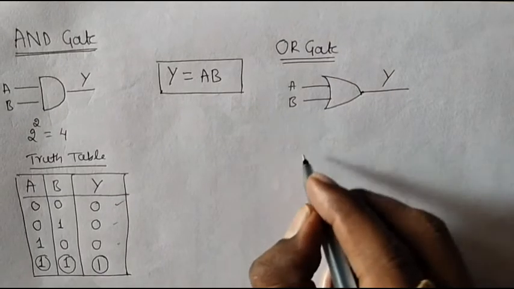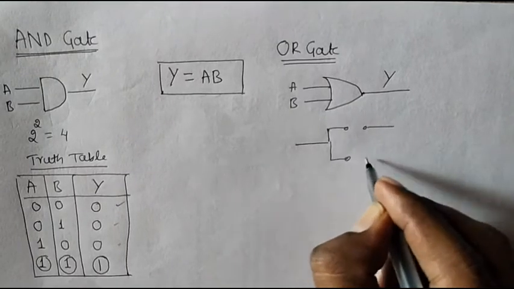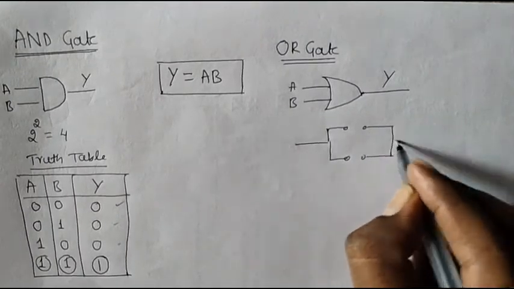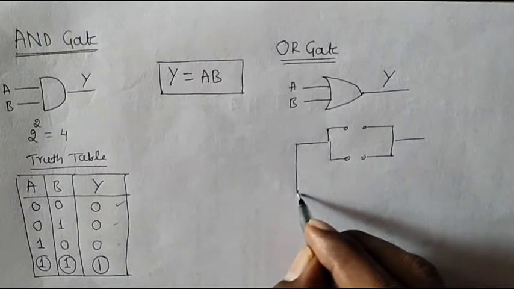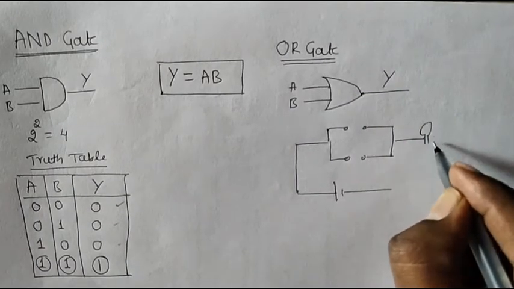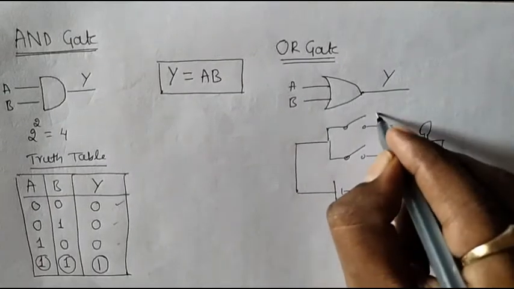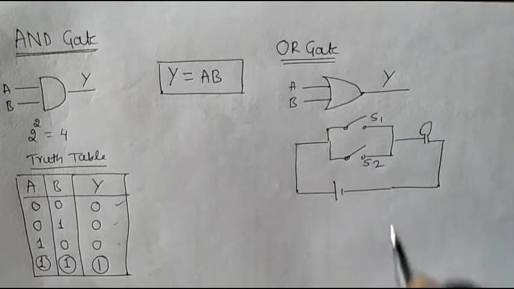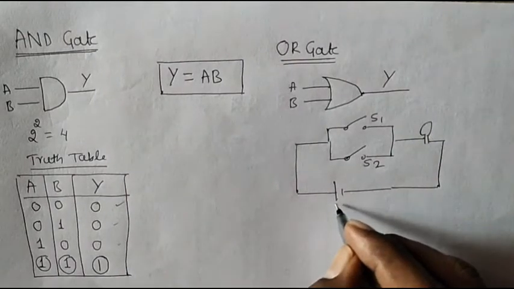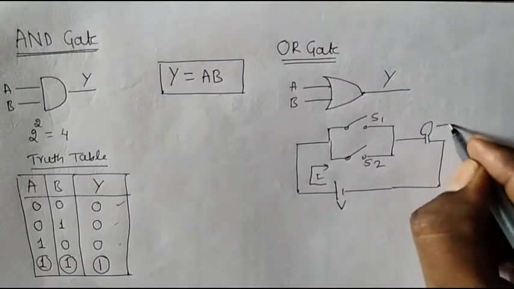It is equivalent to, say this is switch 1, say this is switch 2, and here I'll apply voltage. Assume that some current I is flowing and this is the bulb.